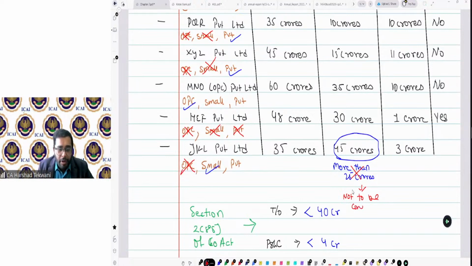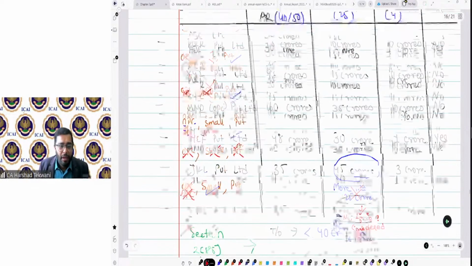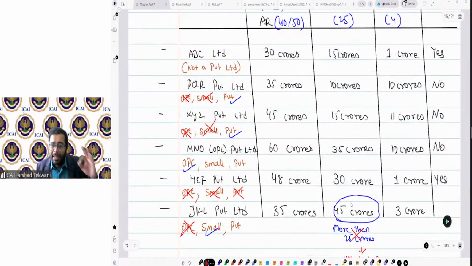Because first, I will consider the small company. If that is a small company, then I will follow that. Otherwise, if not a small company, then I will go and check private limited exemption. That's why the sequence should be that OPC, small, and then private. So this is a small company and hence it is not applicable.